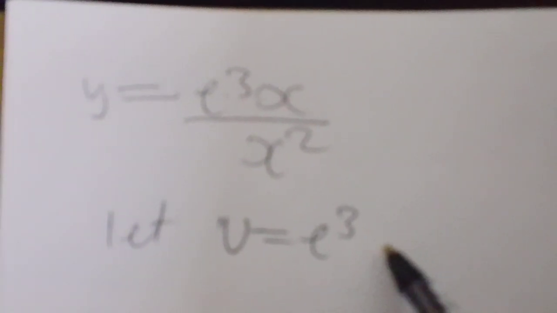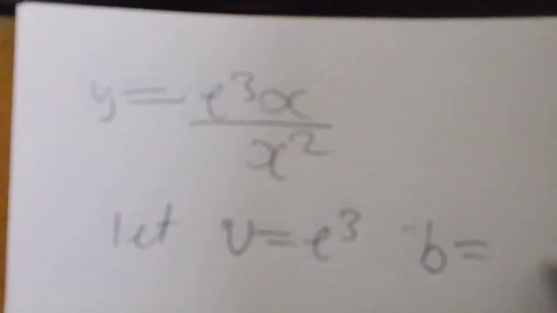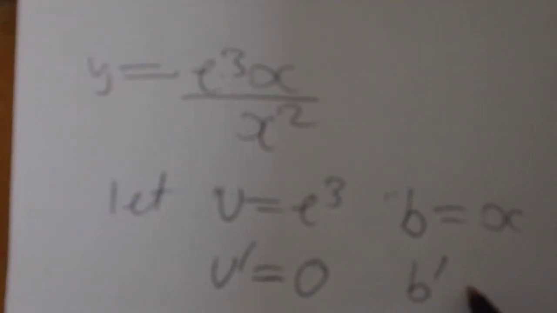So we'll say let this one equal to u. So u equal to e to the power 3. Then x, what should be our x? Okay, let's just say v equal to x. Then u prime will be e to the power 3, it will give you 0 point something. So you just put a 0 here. Then v prime will give you a 1.